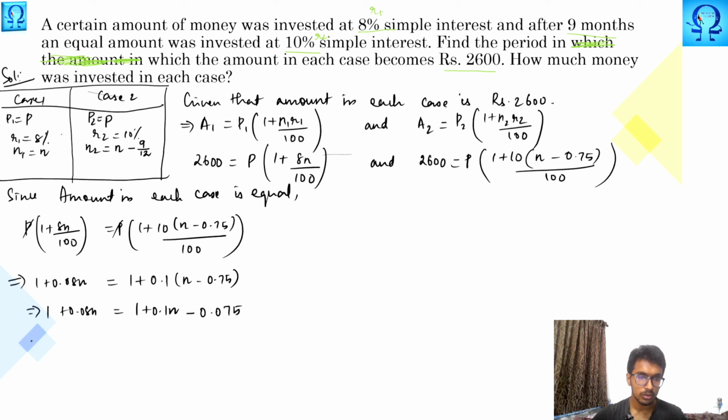Let me have the numeric values on the left hand side and n on the right hand side. So 1 and minus 1 will get cancelled. It would be 0.075, which is 0.1 minus 0.08 times n. So this gives me 0.02n is 0.075.